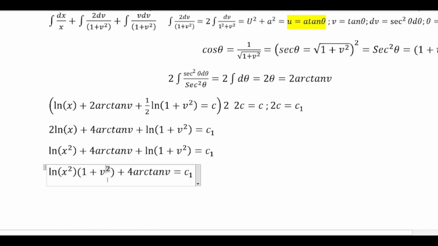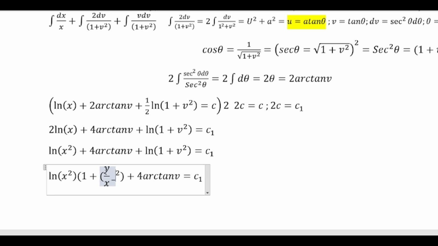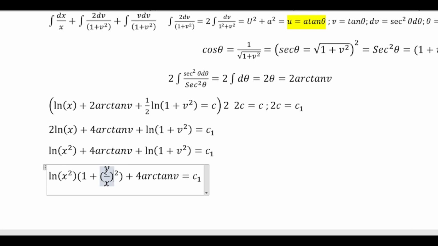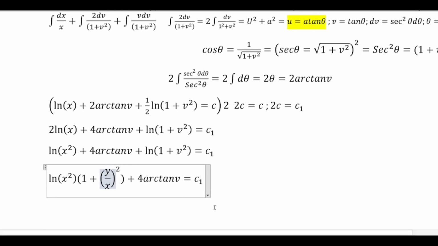Now, since we have y over x, we're just going to do this one: y over x, and then squared. And then over here, arctan of y over x.